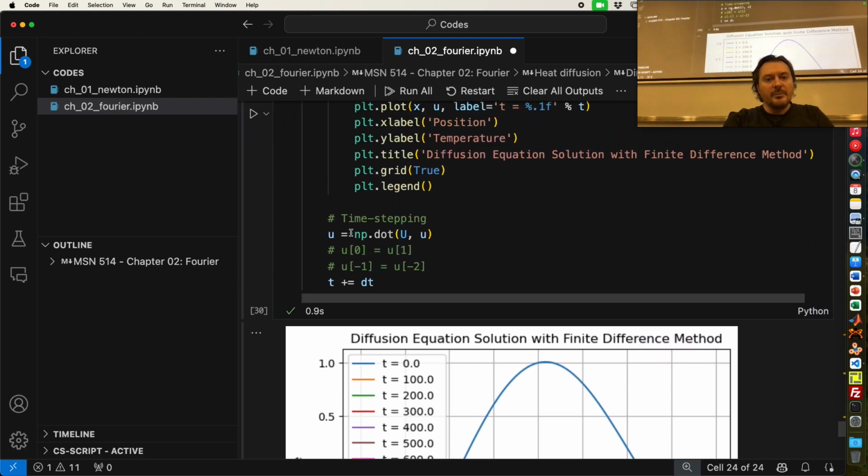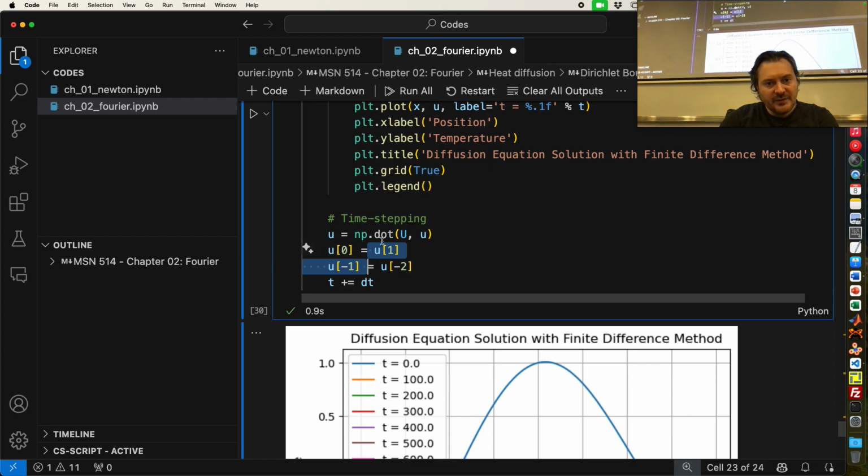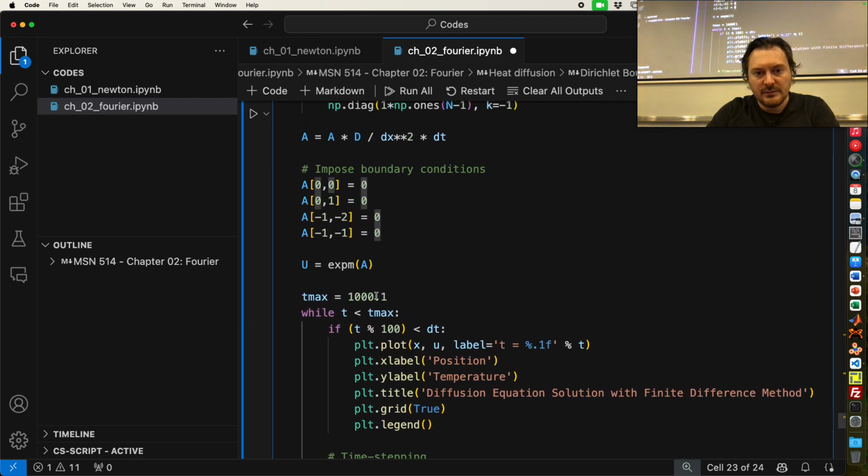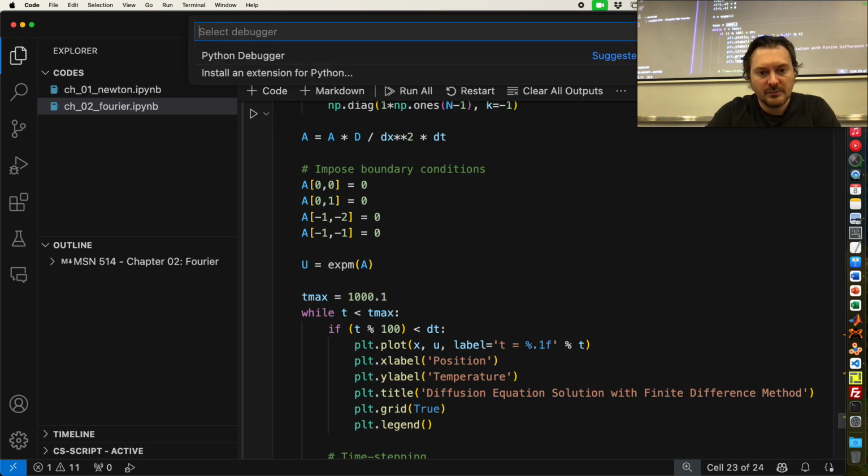We could also implement Neumann boundary conditions, whereby you assume that there is no heat flux in. So how I implemented them is I just say that the very left one is equal to the next one, so it's starting flat. And the very last one is equal to the previous one, flat there as well. And let's run this.